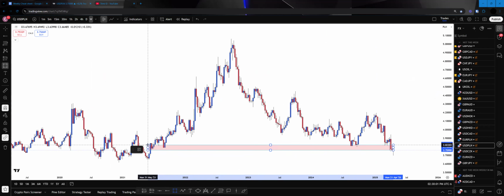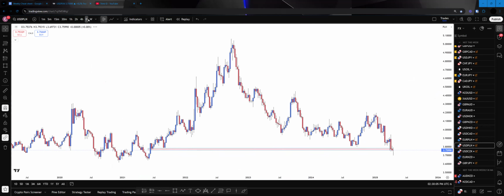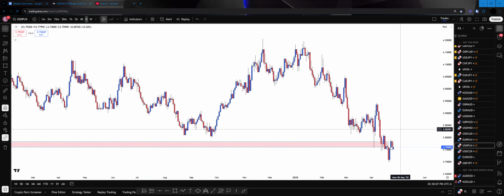And next weekly structure point, if we do, would be here. What is the daily saying? The daily would have to shift and it'd pretty much be there already. So we just got to leave this one till next week.